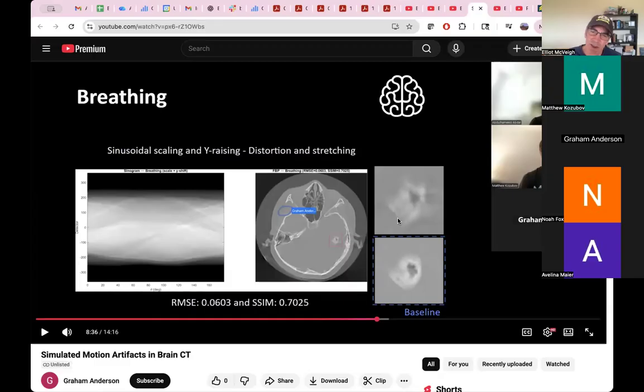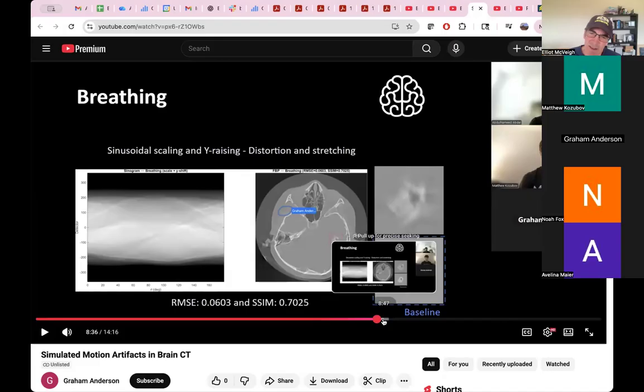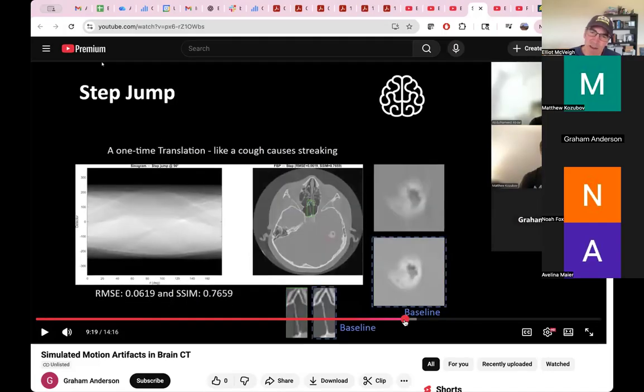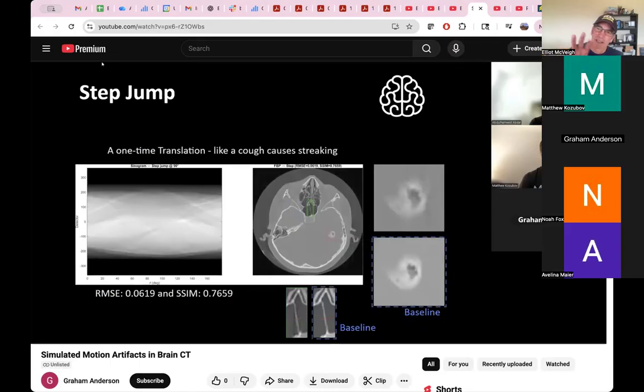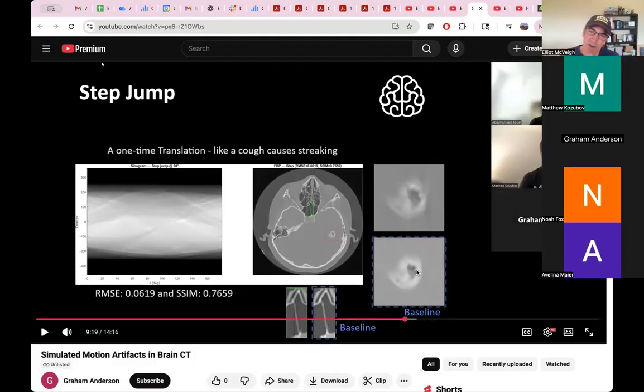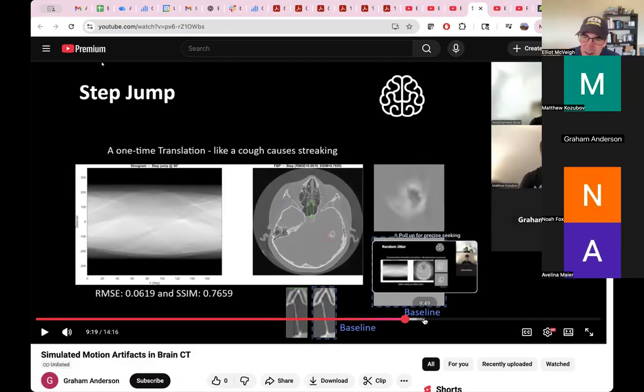You can see it destroys the detail of the actual target. So if you wanted a metric to test as you're making corrections to your sinogram, which is the next step to this, can I look at the sinogram and correct it? You need a way to close in on this thing.